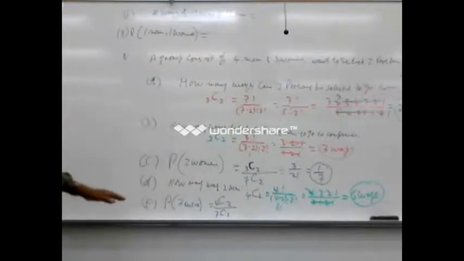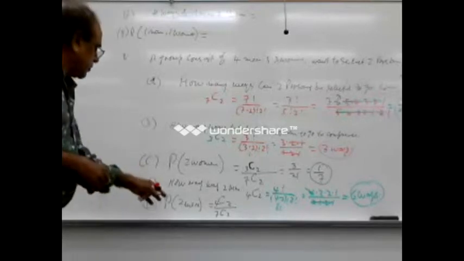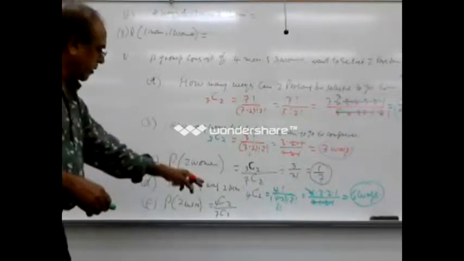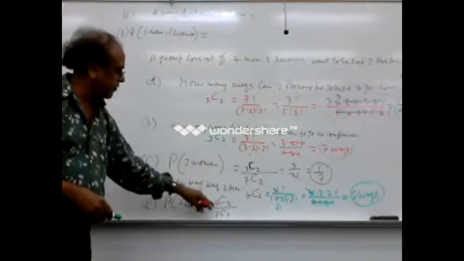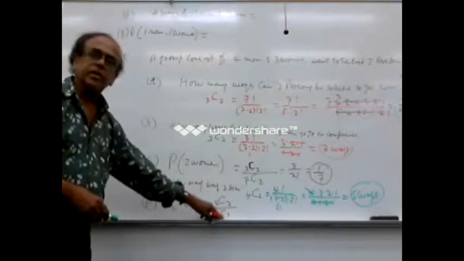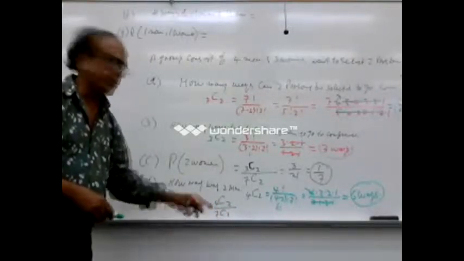So now we can use that information, and just like we found the probability of selecting 2 women to go to the conference, we can find the probability that 2 men are selected to go to the conference. So the probability of 2 men would be the combination of choosing 2 men out of the 4 men divided by the combination of choosing 2 persons out of the 7 people.